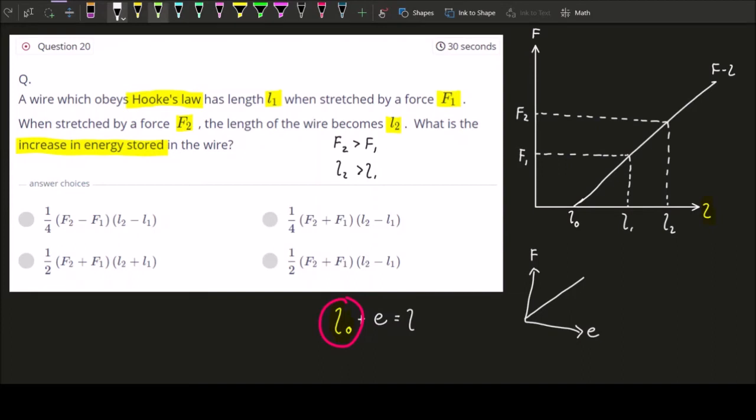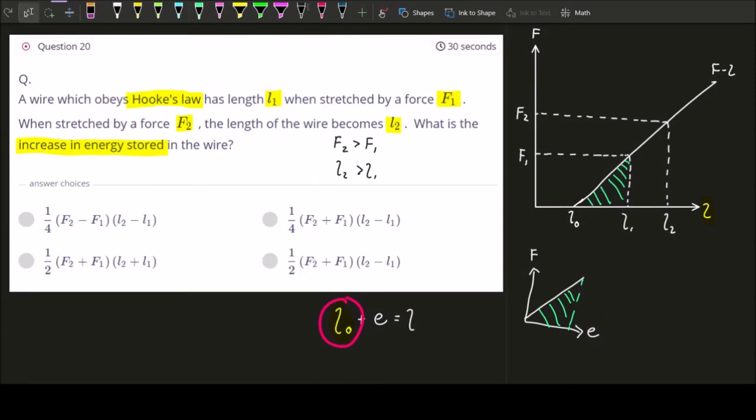So previously, if you want to find the energy stored when a force of F1 is being exerted, it's the area under the graph, as with the F-E graph. In this case, our area under the graph will be here. It's the same thing as the F-E graph, just shifted to the right.